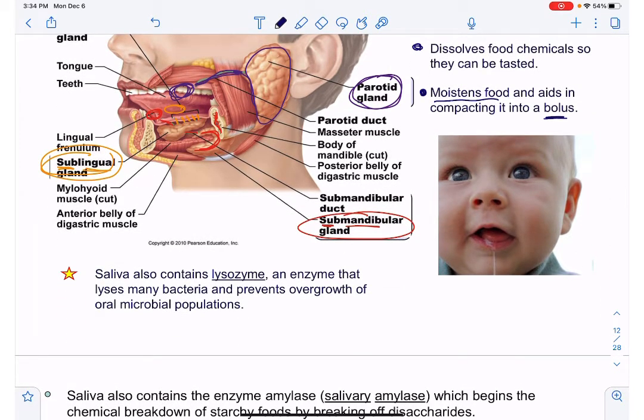There are lysozymes in there, and lysozymes are an antibacterial enzyme. And so they're going to attack bacteria that are in the mouth and prevent overgrowth of oral microbial populations.